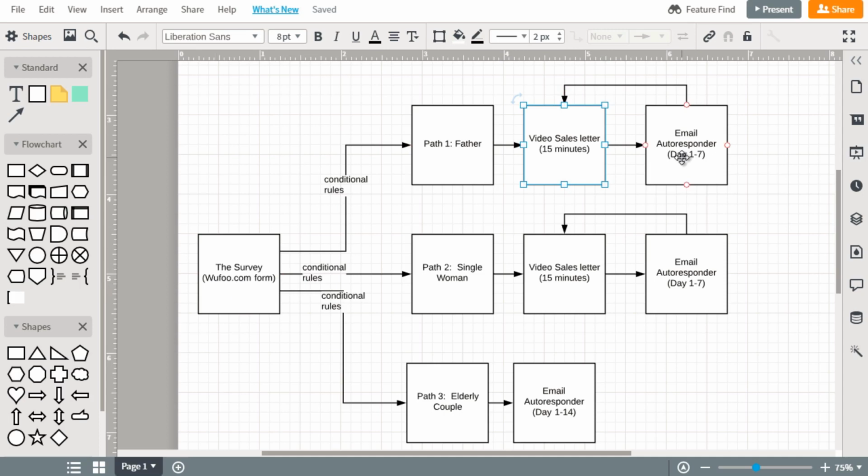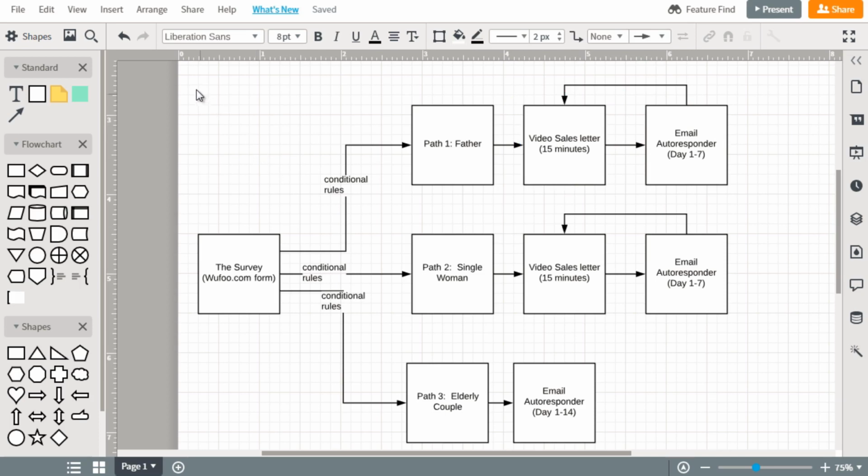And then they receive an email from day 1, day 2, day 3, day 4, day 5, day 6, and day 7. So since there are 7 days, the email autoresponder series will then, of course, sell and redirect them back to the video sales letter.